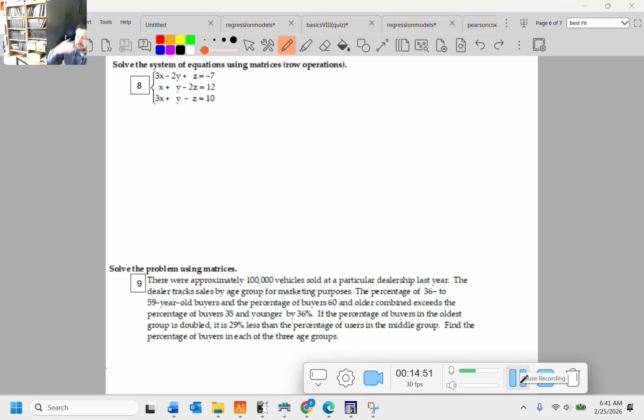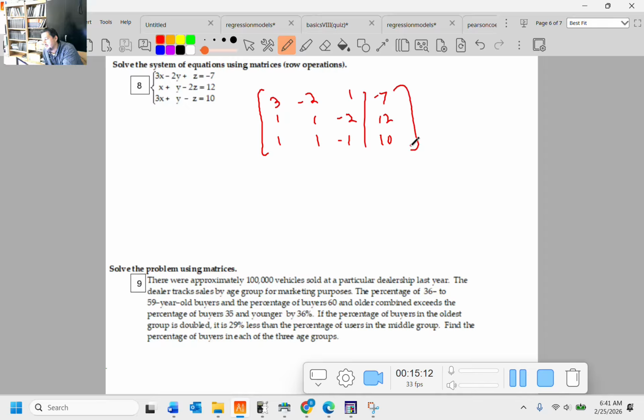All right, so let me refresh you on number 8, and hopefully you can figure out number 9. We're going to write an augmented matrix that contains only the coefficients of the variables. And that's called an augmented matrix.